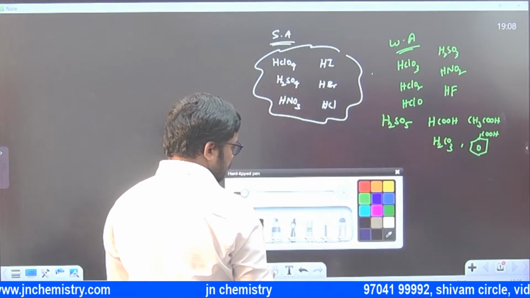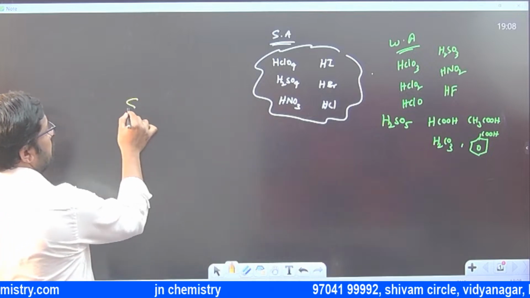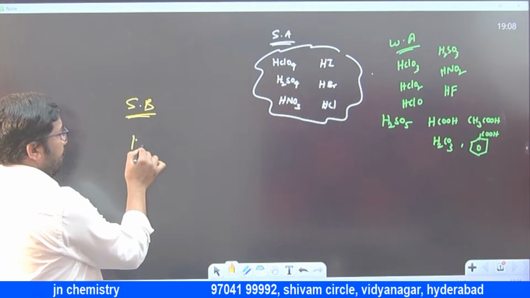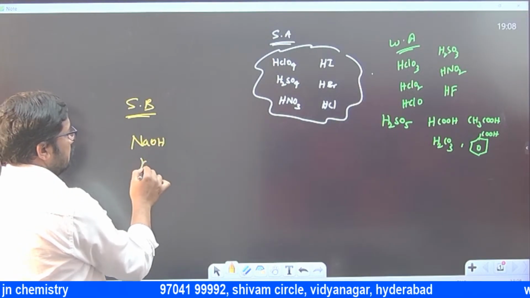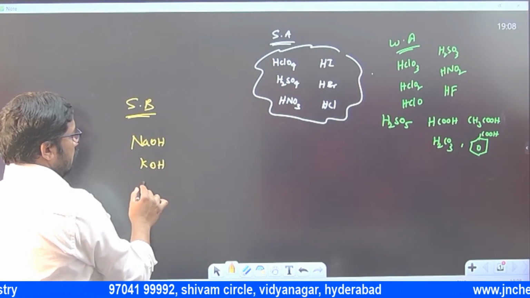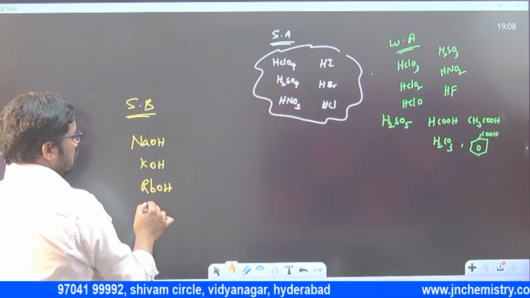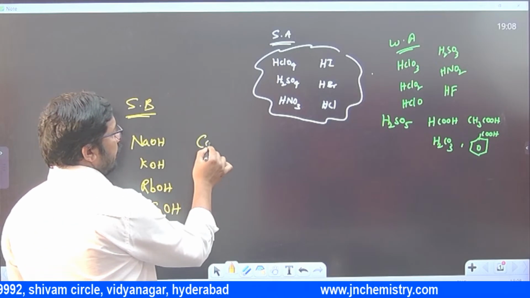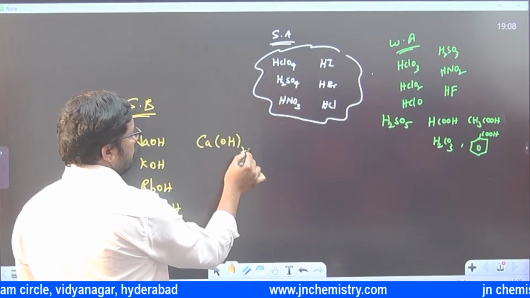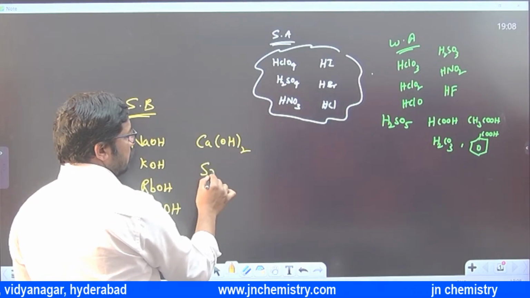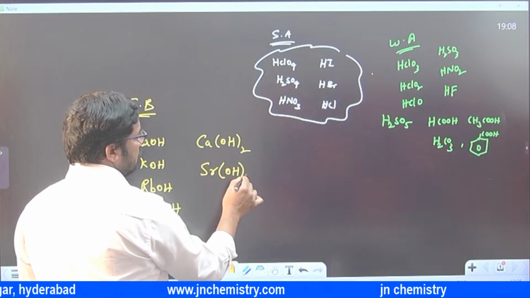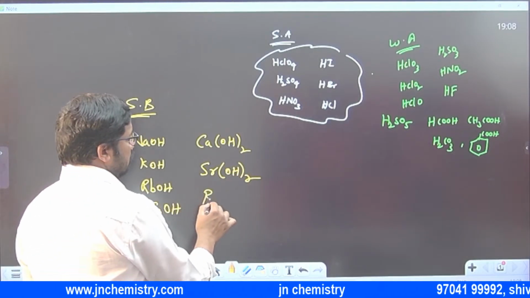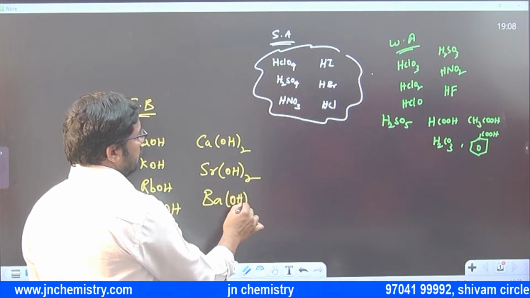Next, strong bases: NaOH, KOH, RbOH, CsOH, calcium hydroxide, francium hydroxide, barium hydroxide.